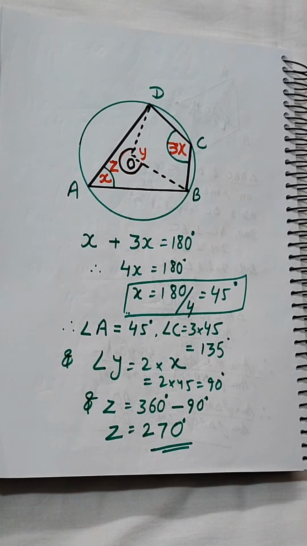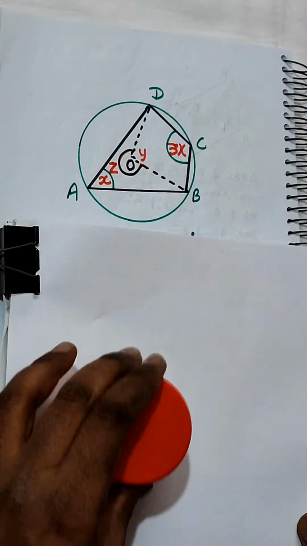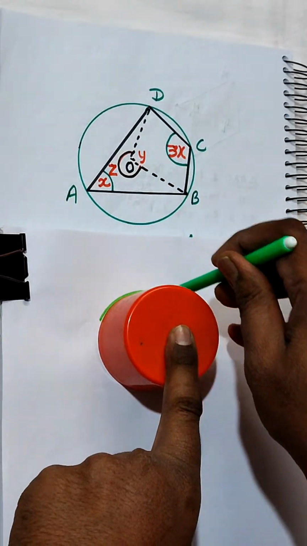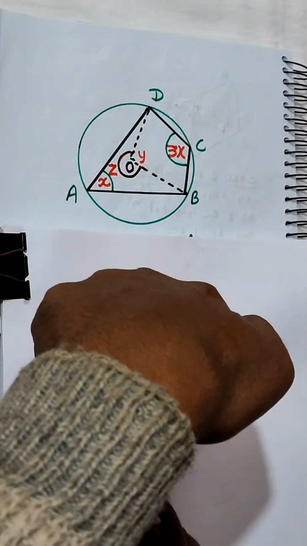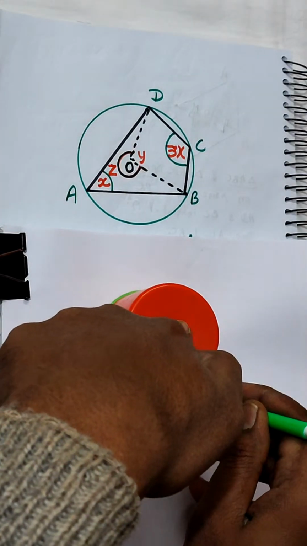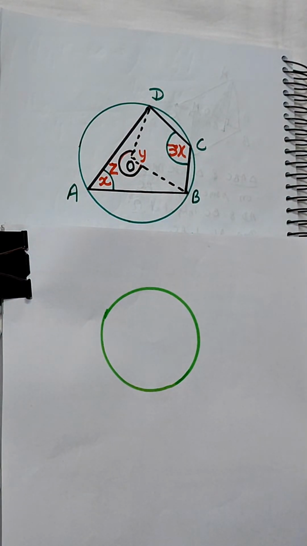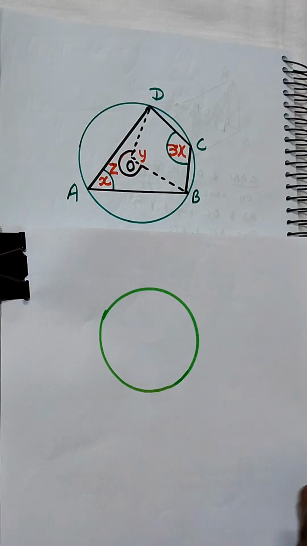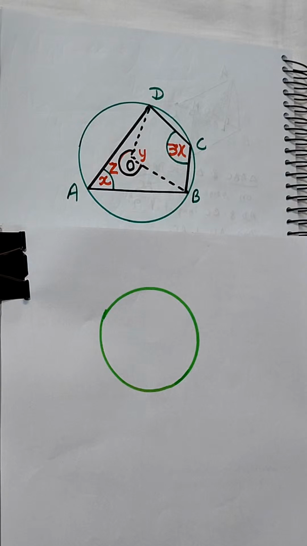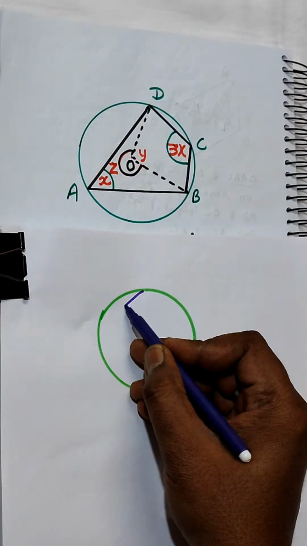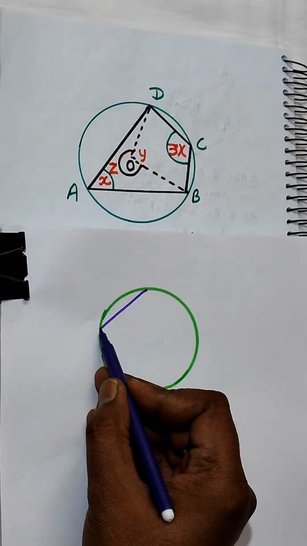So I am drawing it. I'm just taking this cap. This will help us to make a good circle. This is a circle. Now, a cyclic quadrilateral is given like this.